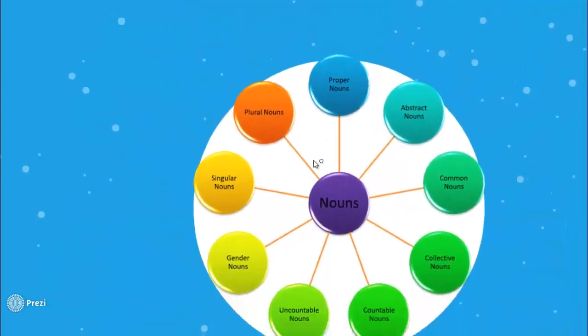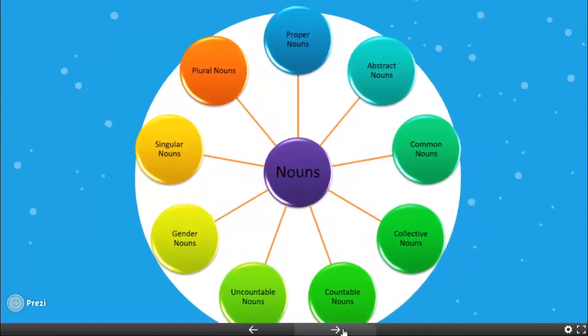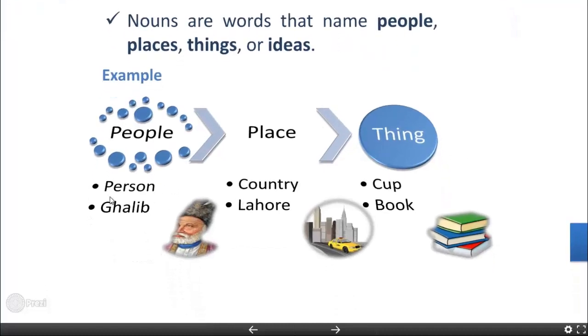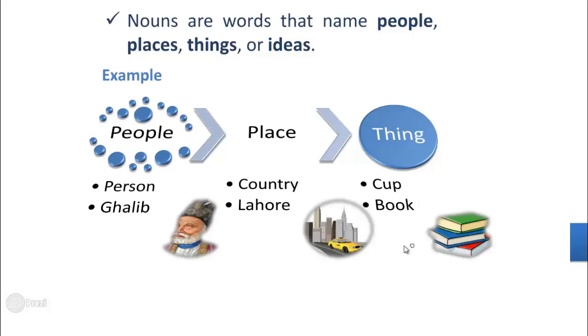So let's just try to define them, use them, understand them. So again, a definition of a noun: nouns are words that name people, places, things, or ideas. So here's the first example, and the second for place, and the third for things.